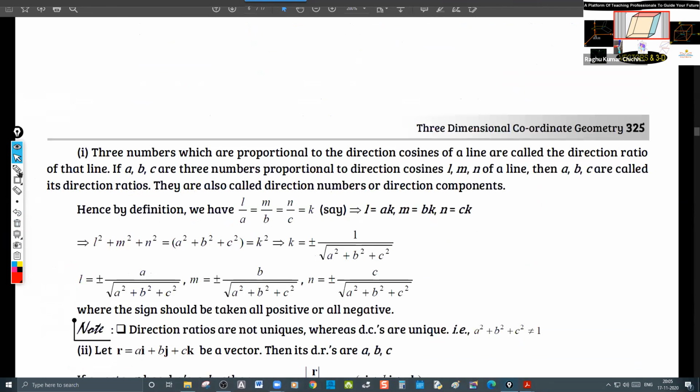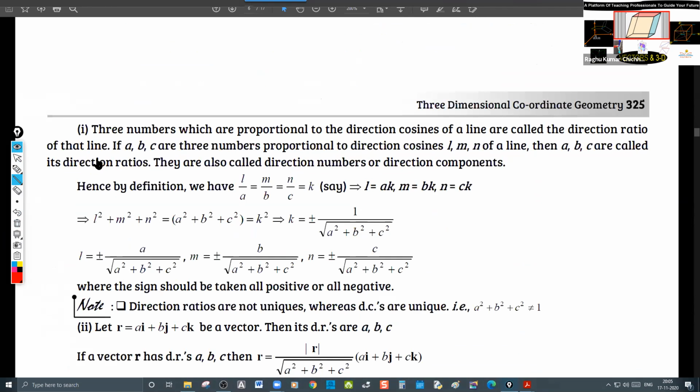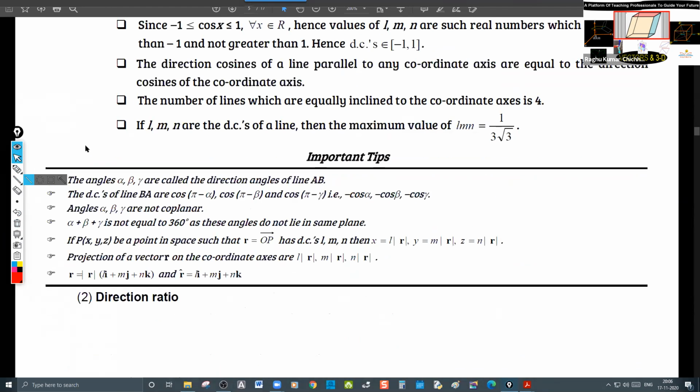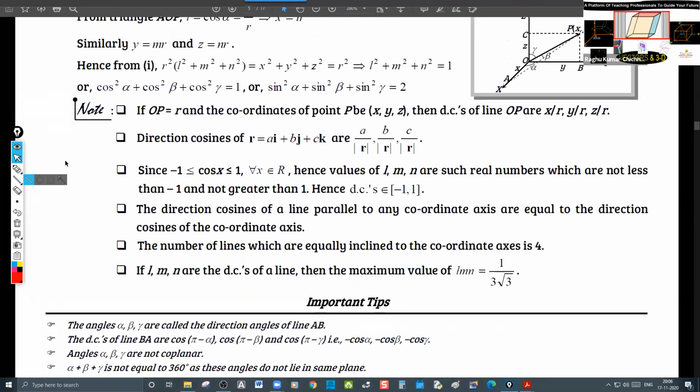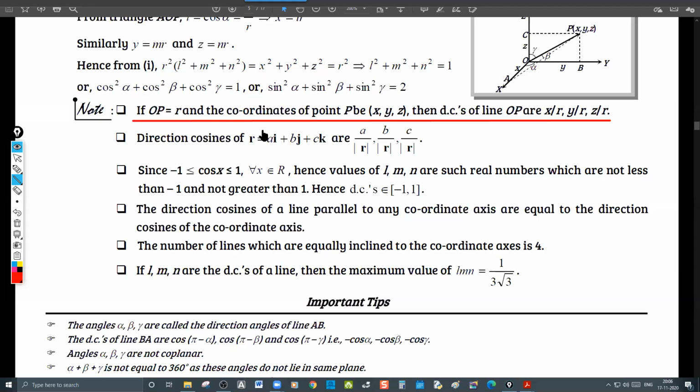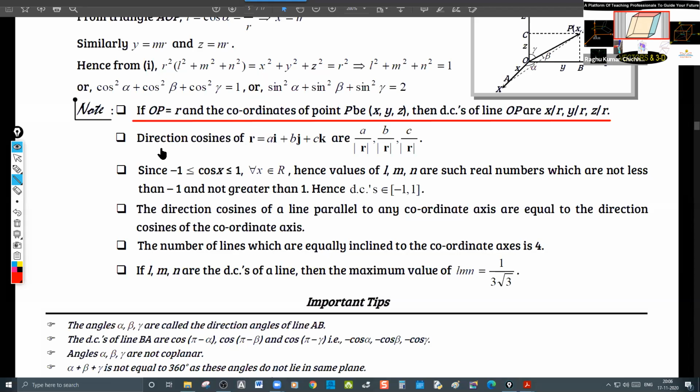Okay. Now let us see these tips also, which will be useful in the objectives. What are the tips given here? Let me check. One moment. Just please go through this once. If OP is equal to r, with coordinates of the point P (x, y, z), the DCs of the line OP are x by r, y by r, z by r. What is r, please? Distance from O to P, sir. That is root over x square plus y square plus z square.